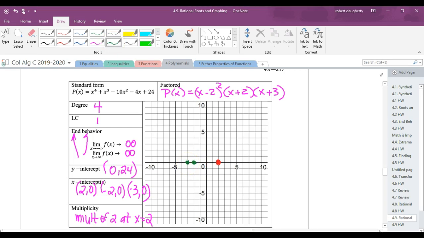My y-intercept is 0, 24. And this graph starts where? Up or down? It starts up because it's going to look like this. So is it possible then to cross, hit that one, bounce off and go back up? Yes. So your graph is going to do something like this.